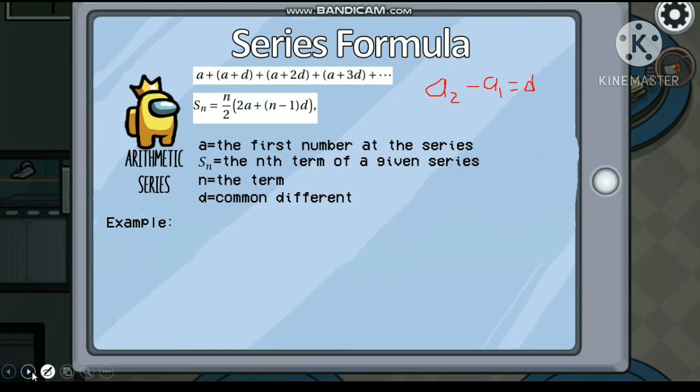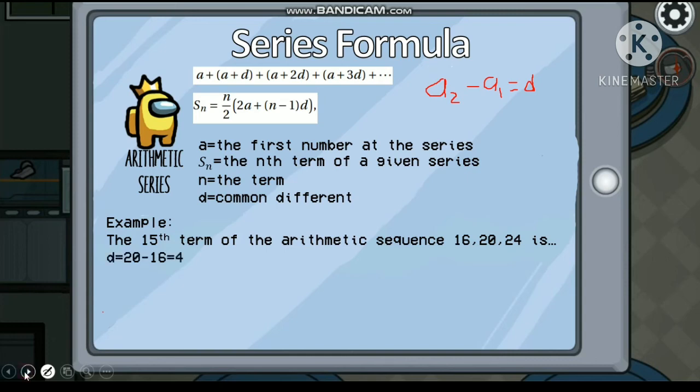Okay, example. The sum of the first 15 terms of the arithmetic sequence 16, 20, 24 is: we get the common difference is 20 minus 16 is 4, and then we write the formula and put the numbers into the formula.